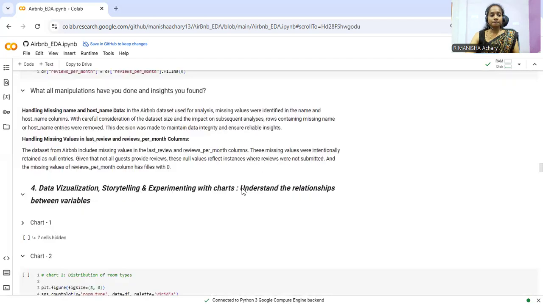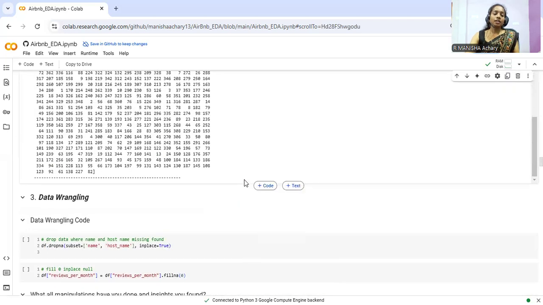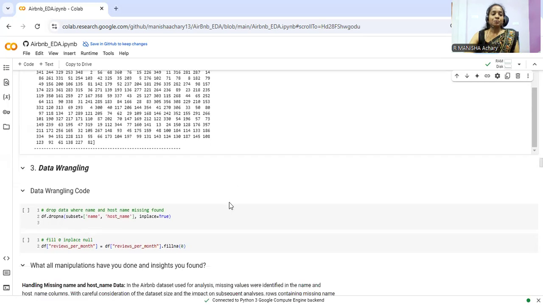And next, after data understanding, we have data wrangling. What does the data wrangling step mean? Whatever cleaning, analysis, or modification is required, the data wrangling step does all those tasks.